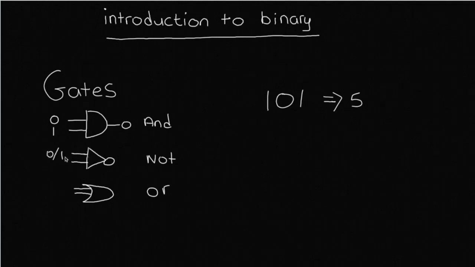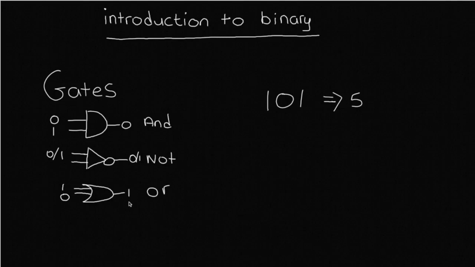The output will be whatever the opposite of that is. Then with OR, we again take in 2 values, which is 1 and 0 in this case. If either of these values is true or 1, our output will be 1.